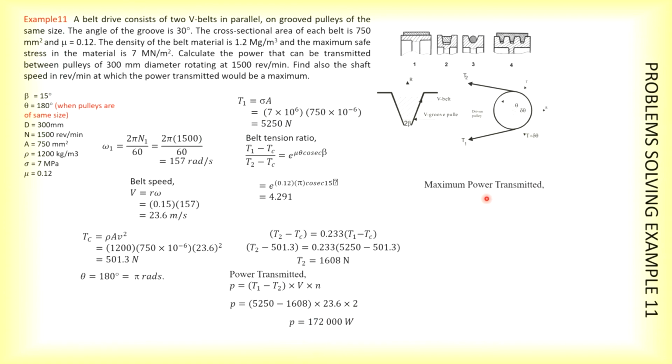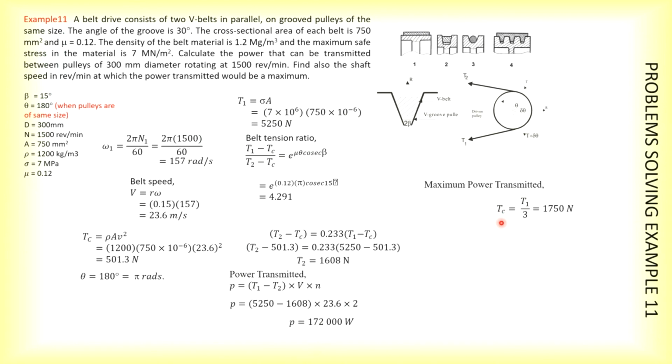Then the maximum power transmitted. Remember in the previous section when we were dealing with maximum power transmission, the first thing we consider is centripetal tension. These are the cases which I have listed out.